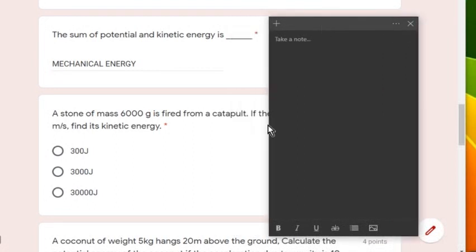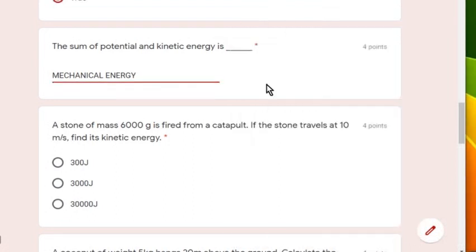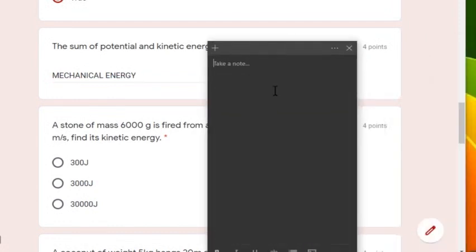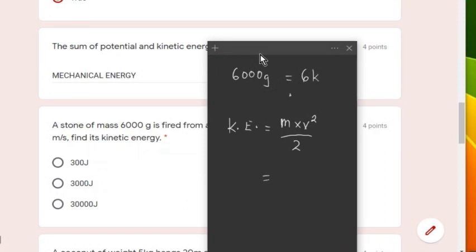The formula for kinetic energy is mass times velocity squared all over 2. We are given the mass in grams, so we need to change it to kilograms. So the mass will rather be 6 kilograms. 6,000 grams is equal to 6 kilograms.